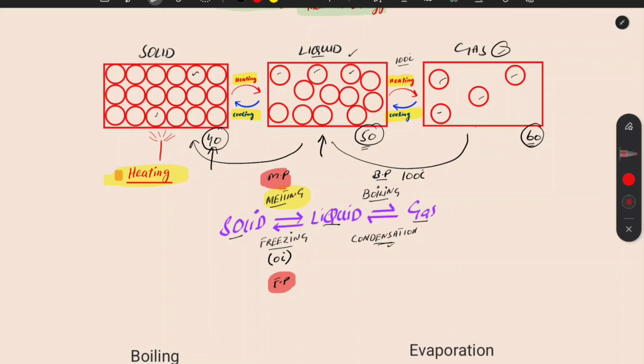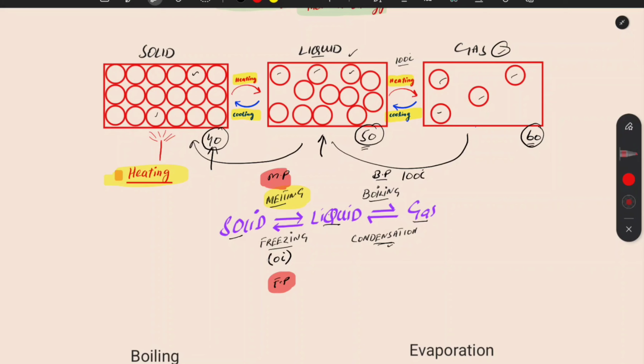So when you increase the temperature from 0 to maybe 1 degree centigrade, the ice will melt. And if you lower the temperature from 0 to maybe -1 degree centigrade, that is the temperature at which the liquid water will freeze.